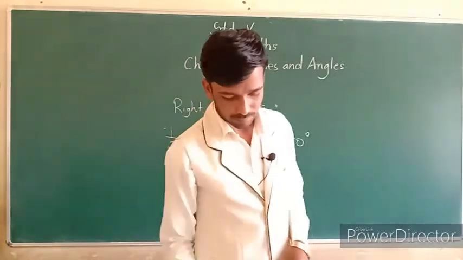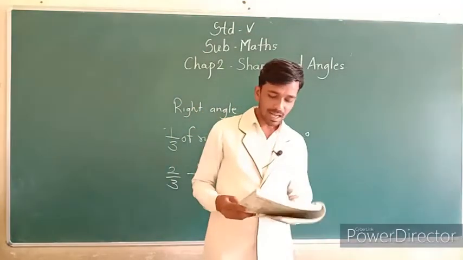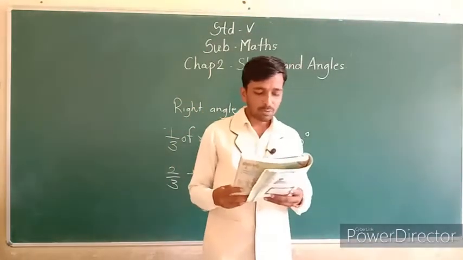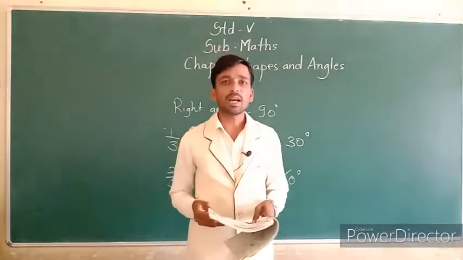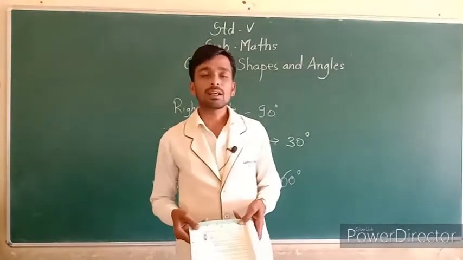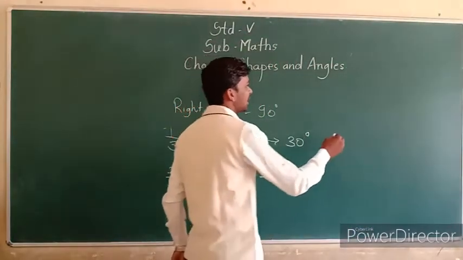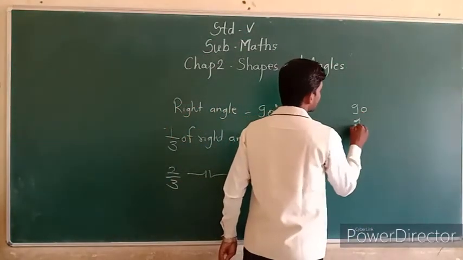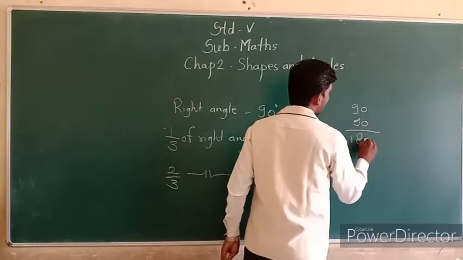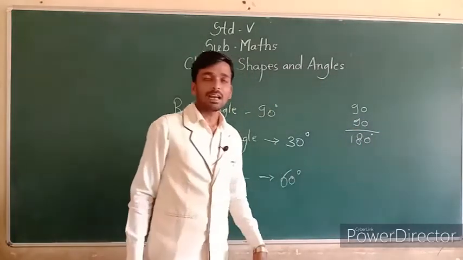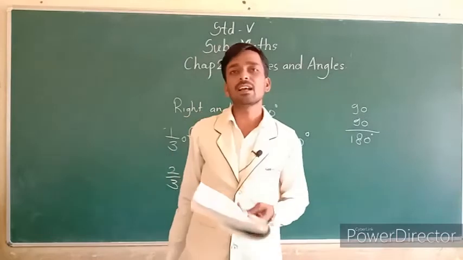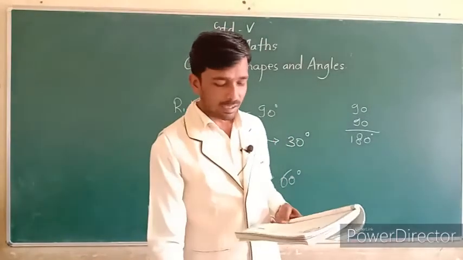Understood? Next, the last question they give us here: 2 times a right angle. When we take a right angle 2 times, then we get, see, a right angle means 90. 90 plus 90 means 180 degree. 2 times a right angle means 180 degree.